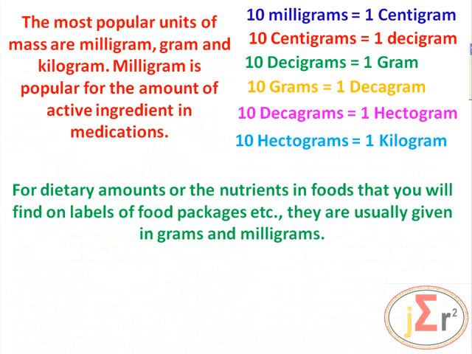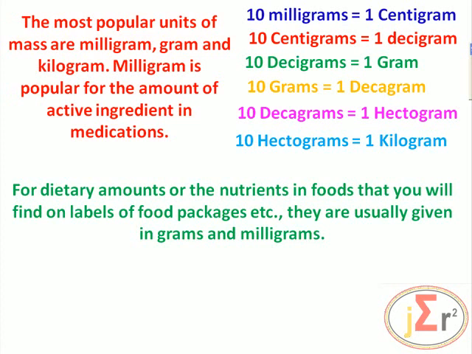For dietary amounts or the nutrients in foods that you will find on labels of food packages, they are usually given in grams and milligrams. So the most popular units are milligram, gram, and kilogram.